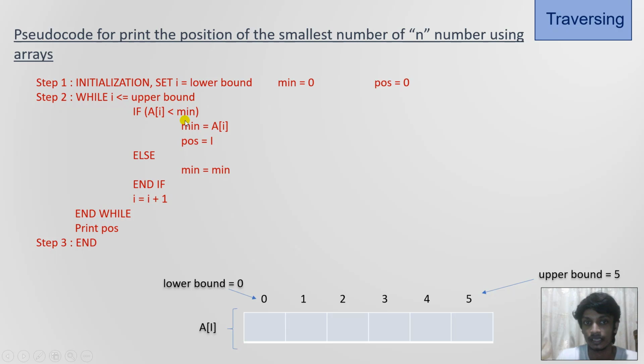So this if statement will check whether this value is less than that value. If it is not less than that value, the minimum will not be changed. Let's say this is 5 and our default minimum value is 10. Then 5 is less than 10, so this statement is true. The minimum will be changed to 5, because our existing value is 5 and our default value is 10.